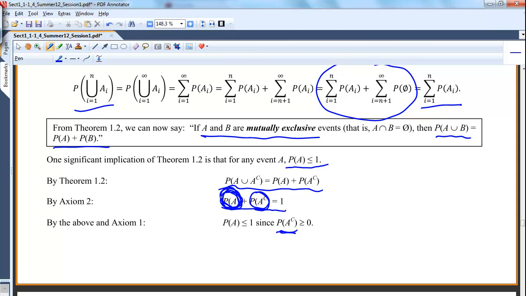So this is a nice fact. A lot of times if I want the probability of A, we know that's 1 minus the probability of A complement. So if you can't find A, sometimes it's easier to find A complement and then subtract from 1. I'll use that technique a lot, and so I feel like that's a really important statement.